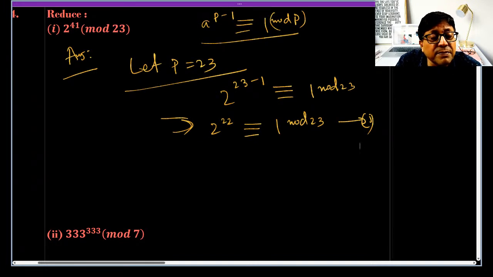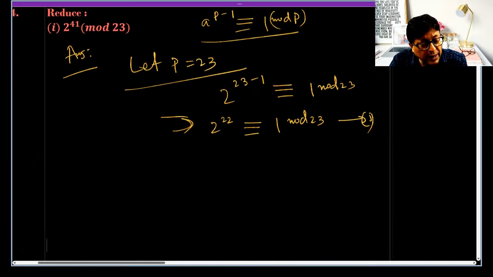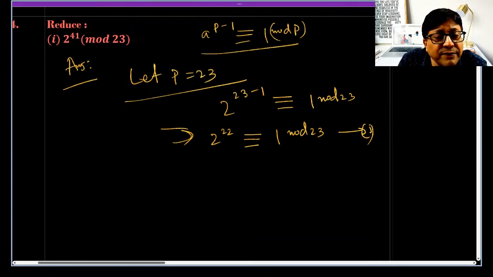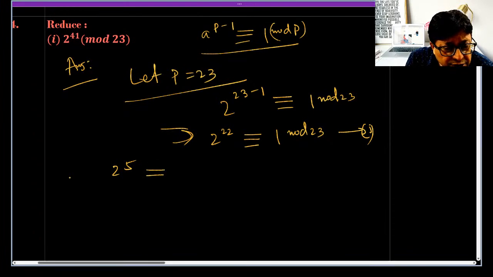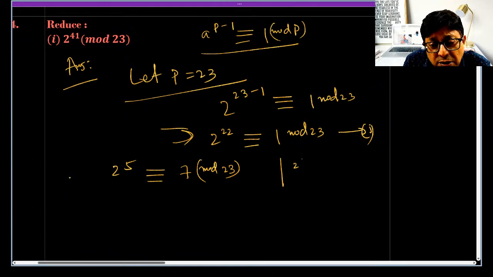Let us start with the simplest approach: 2 to the power 5. Simple idea of congruency, it is congruent with 7 mod 23. Agree or not? Because 2 to the power 5 is what?